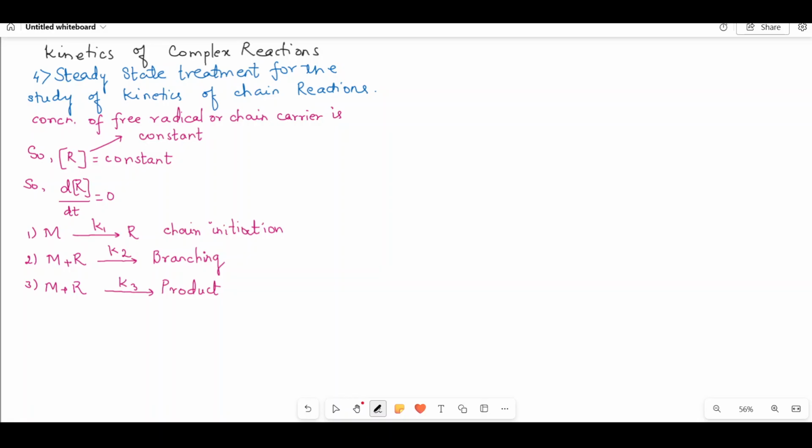Now the next step, R, the free radical that keeps forming at K4, destruction at surface.